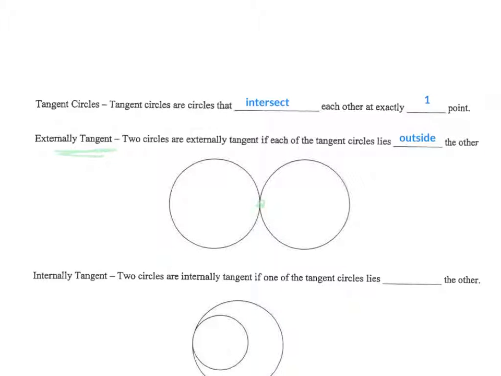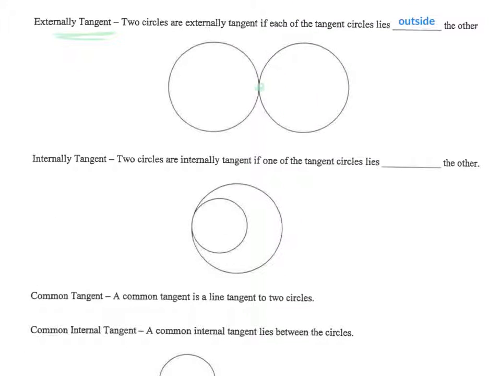So 2 circles are externally tangent if each of the tangent circles lies outside the other. Then 2 circles are internally tangent if one of the tangent circles lies inside the other. So as you can see, we have 2 circles touching only at 1 point, and one is inside the other circle, so internally tangent.